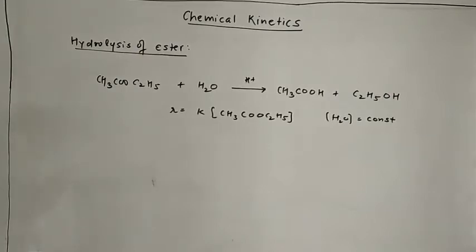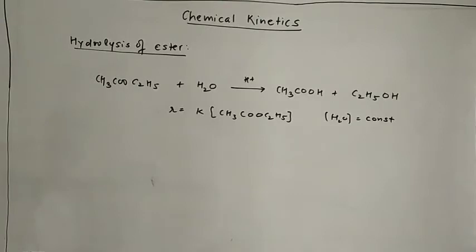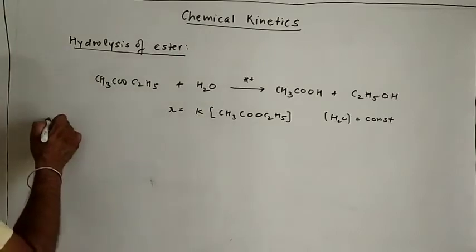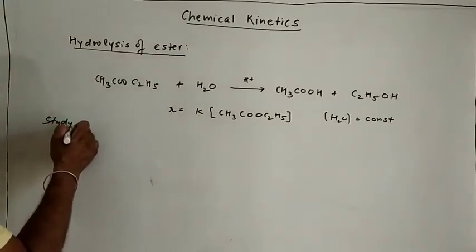Now we will derive the rate equation for these two reactions. तो पहले हम इसी के लिए कर लेते हैं hydrolysis of ester. So kinetics of this pseudo first order reaction is studied by estimating the amount of acid present in the mixture. So study कैसे करेंगे?